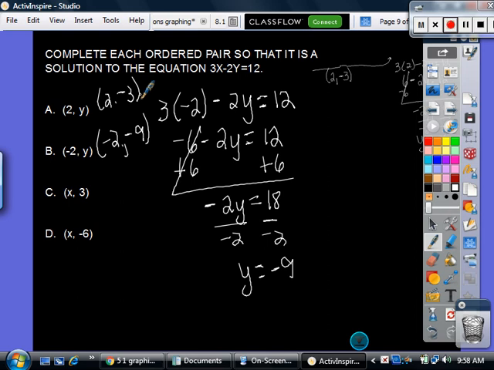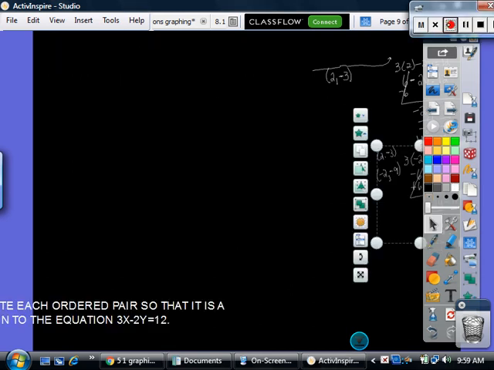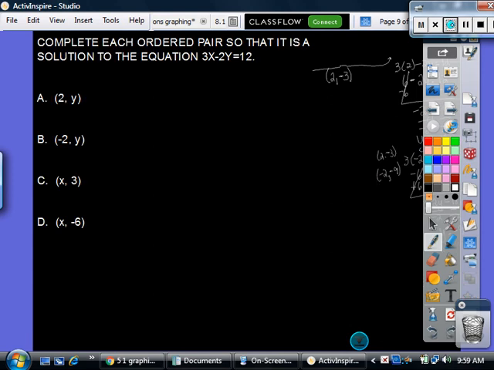Is that pretty easy? Solving equations? We're looking to see what ordered pair, like on a graph, like 2, what would be on this line? Well, 2, negative 3 would be.